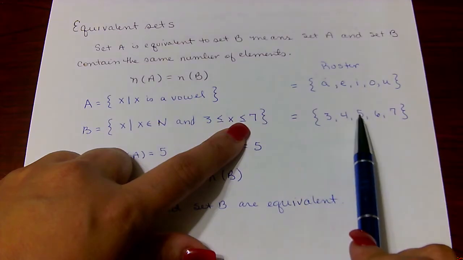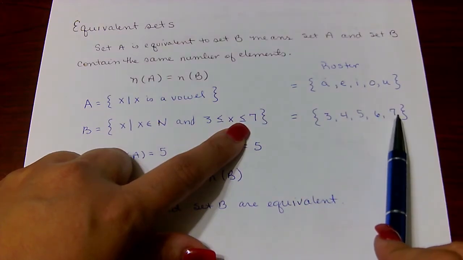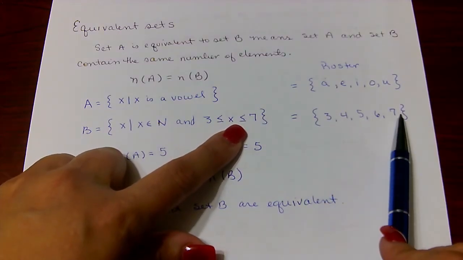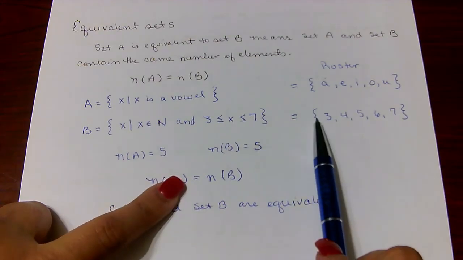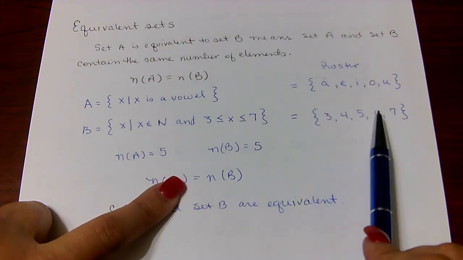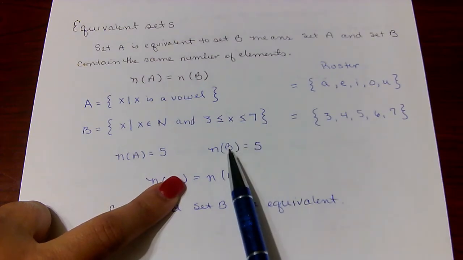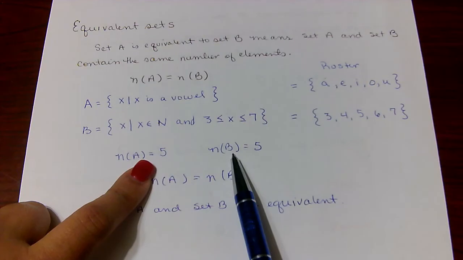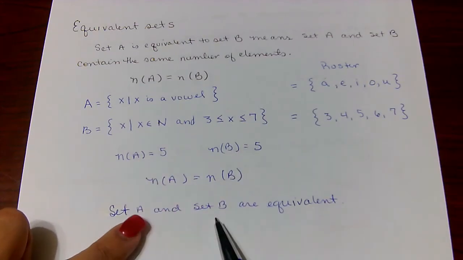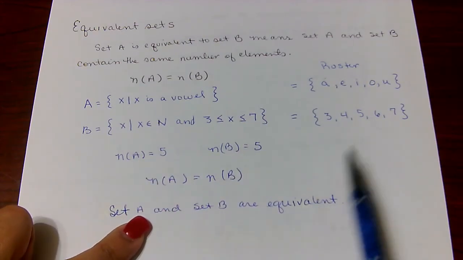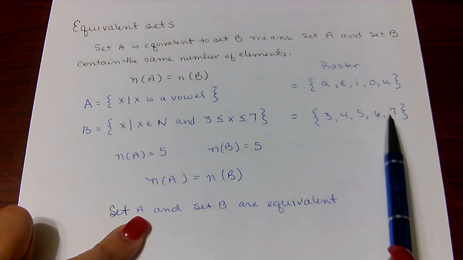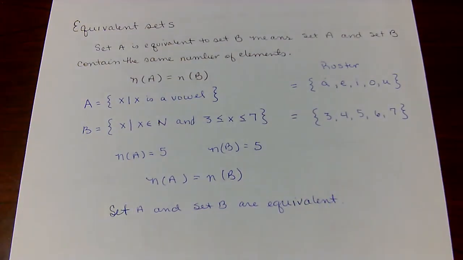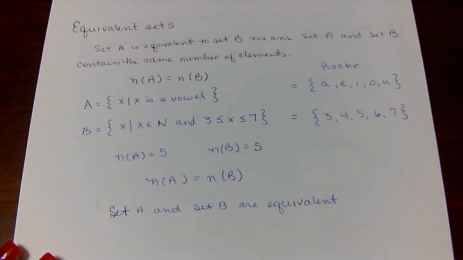So I have 3, 4, 5, 6, and 7. This is my roster form. So let me go ahead and count. I have 1, 2, 3, 4, 5. So n of B is equal to 5. Since n of A is equal to n of B, sets A and B are equivalent. It does not mean that these have to have the same elements. Just as long as the number of elements in each set is the same.